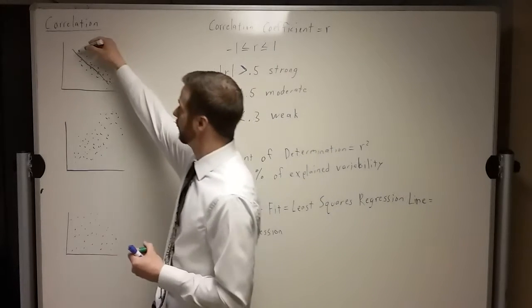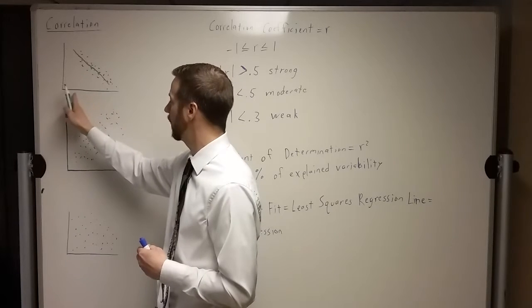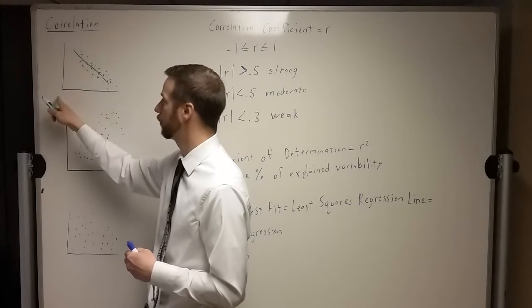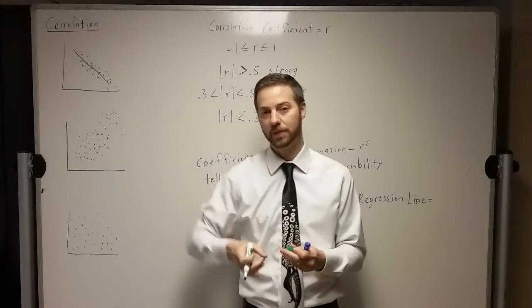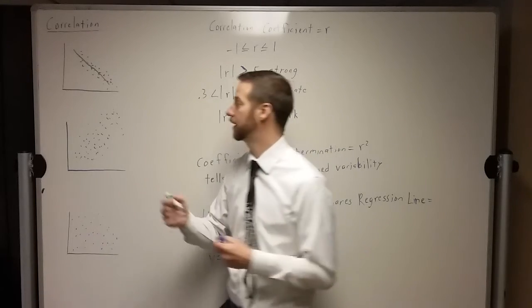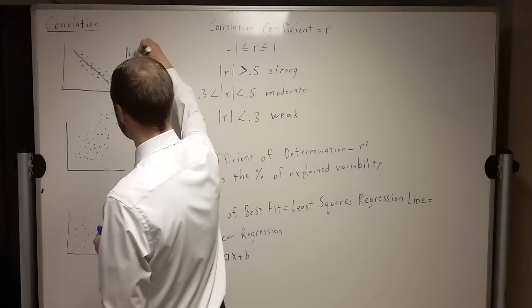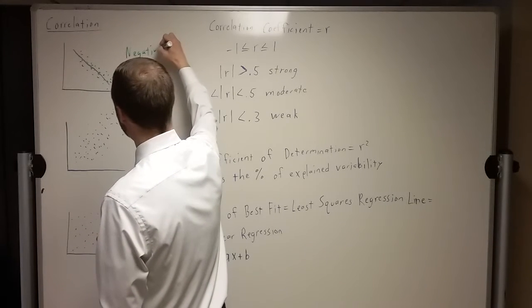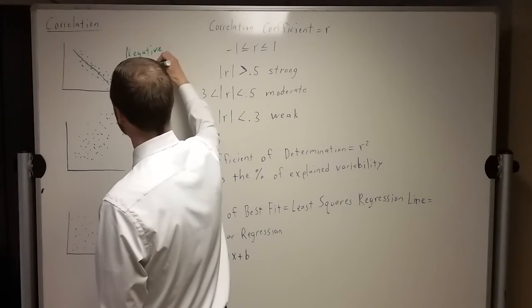And do you notice in this one, as the one goes up, the other goes down. Since that's the case, they have this inverse relationship. As one increases, the other decreases. We call this a negative correlation. So those two things, whatever they would be, are negatively correlated.